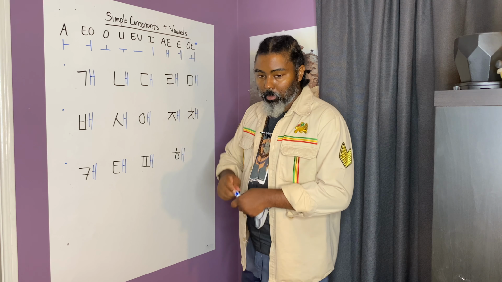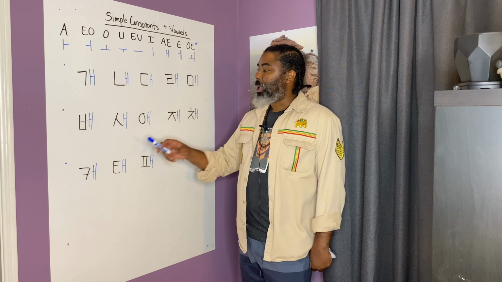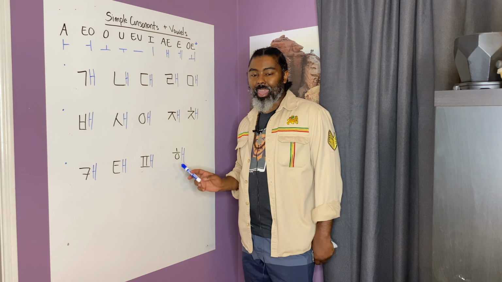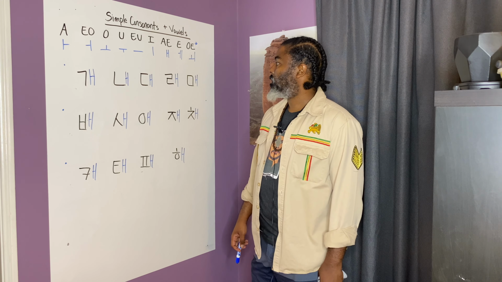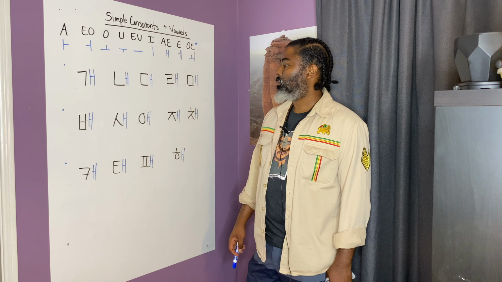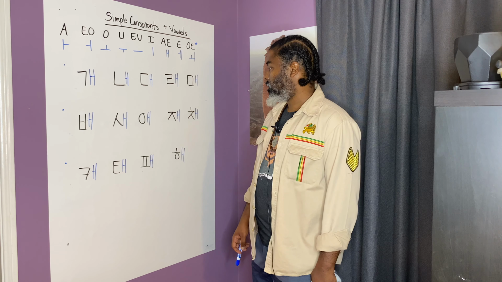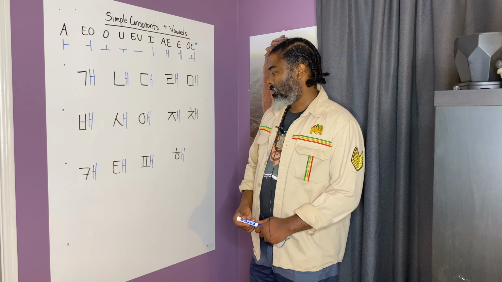All right, so for demonstrative purposes, I will go first. Gae nae dae rae mae, bae sae ae jae chae, kae tae pae hae. Randy, your turn. Gay, nay, day, ray, may, bay, say, ay, jay, chay, kay, tay, pay, hay.